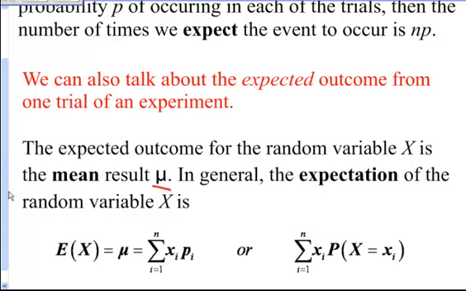So the times I got 1 on my roll, with the probability that I actually rolled it in that experiment. The time I got 2 with the probability I got 2, 3. So you get the idea. You're going to multiply those together and then add them all up.